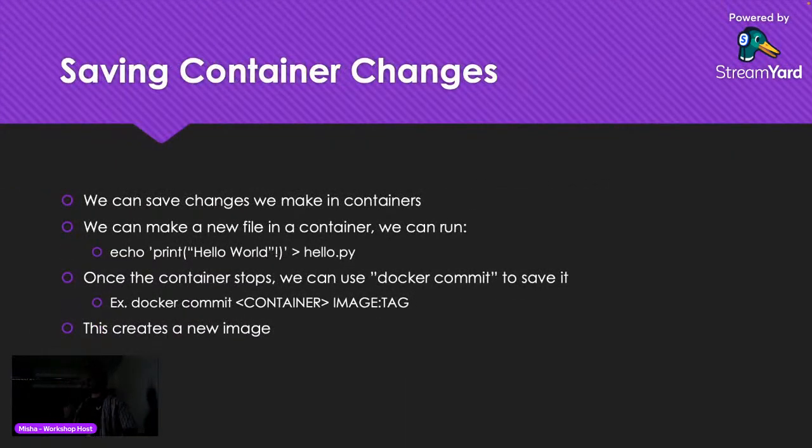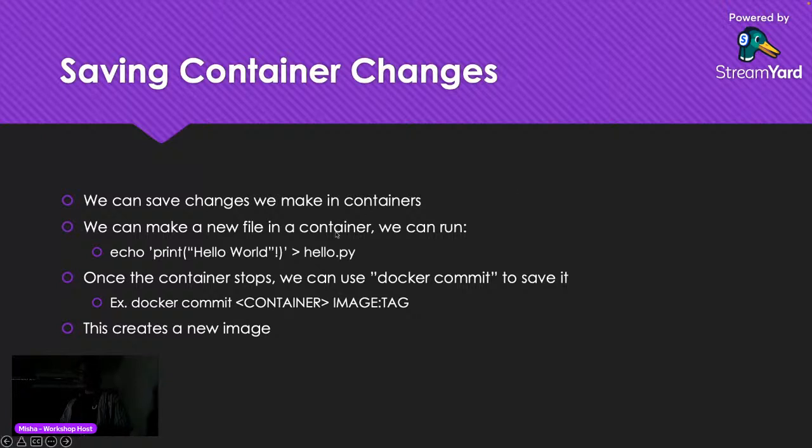What we can also do inside the container is make some changes. We can, for example, make a new file or edit a different custom file or delete some stuff. Basically, somehow modify the container. This includes the environment variables and the like.